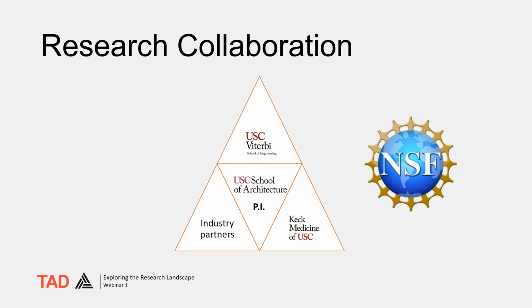For this interdisciplinary research, we are currently collaborating with multiple researchers in engineering and medicine as well as green building relevant industry partners with the support of the National Science Foundation.